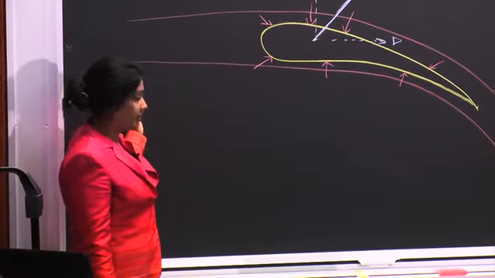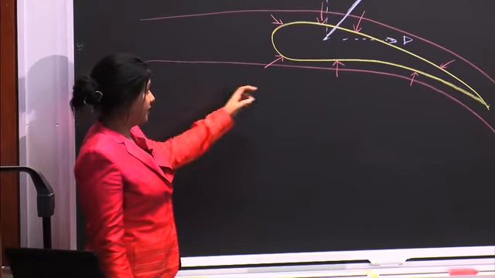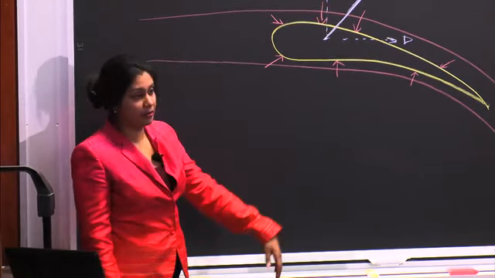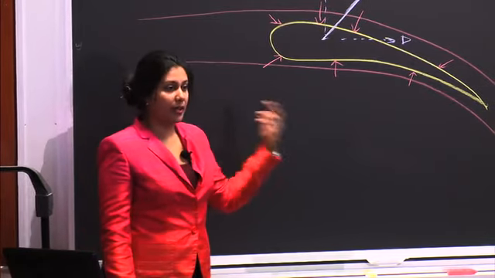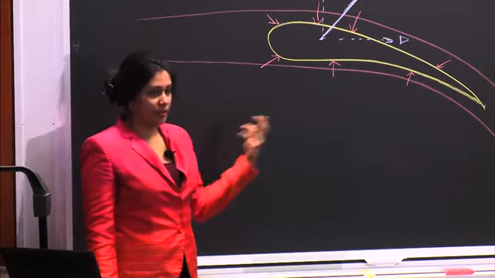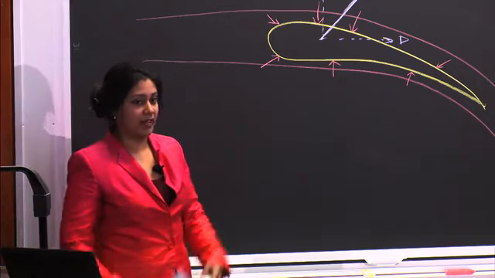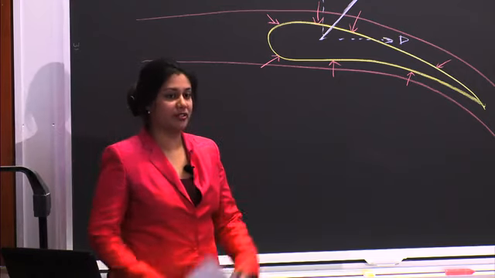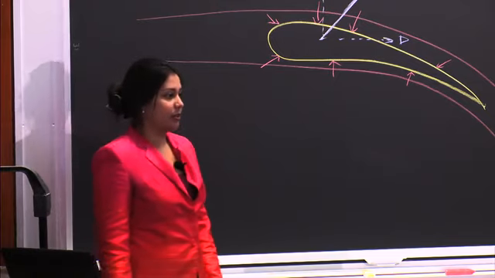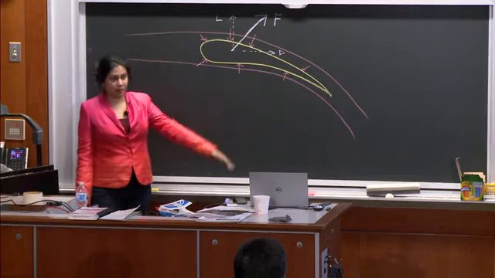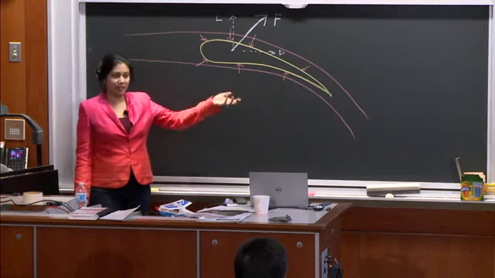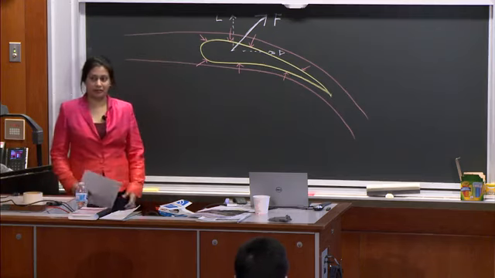If your frame of reference is out here, you might see the air to be stationary and the airplane to be moving through it. So depending on what your frame of reference is, you can actually have the identical result. So the answer is actually that it's the same. So depending on your frame of reference, it's exactly the same, the speed of the air moving past the airfoil versus the airfoil moving through the air.